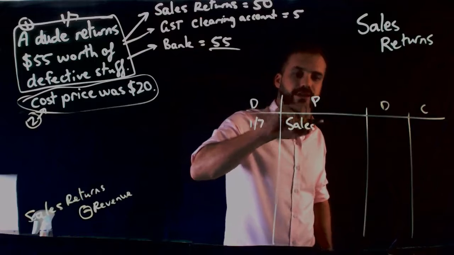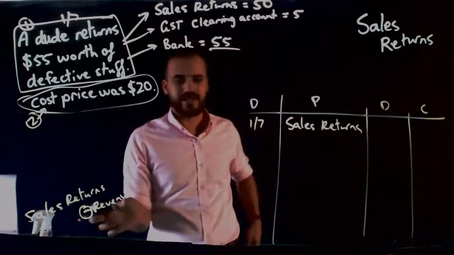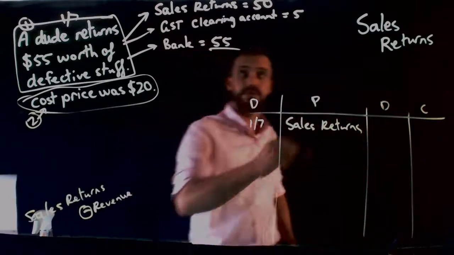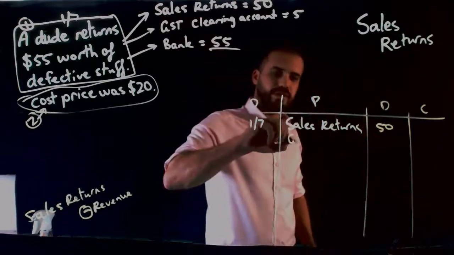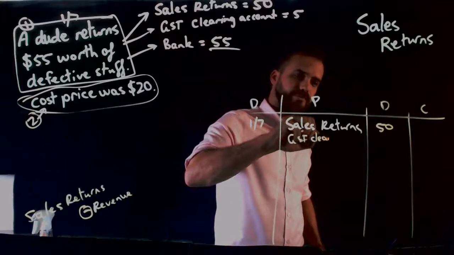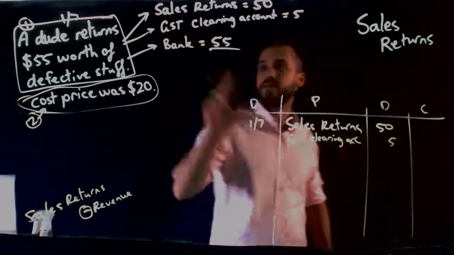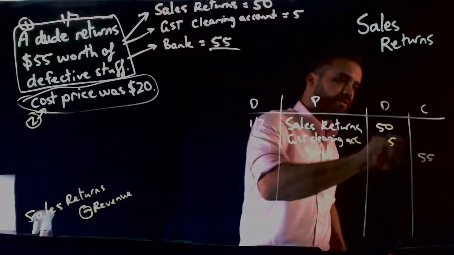You can figure it out a different way. I mean, we already said that sales returns is a negative revenue. Revenues are credits, so negative revenues are debits. Sales returns, $50. GST clearing account, $5. Bank, $55.